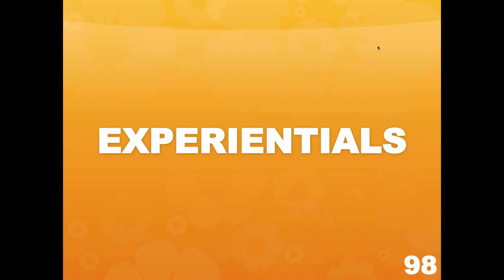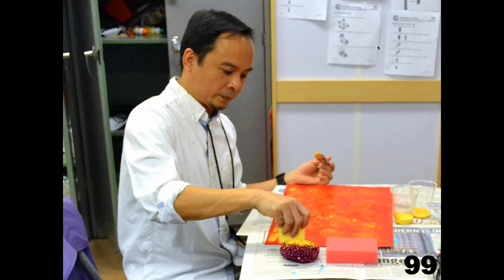Another part of TATI is the experientials that are facilitated for the trainees. Experientials, as stated before, incorporate nonverbal experiences that use not only visual arts but also movement. There are also experientials that limit the senses of the trainees.